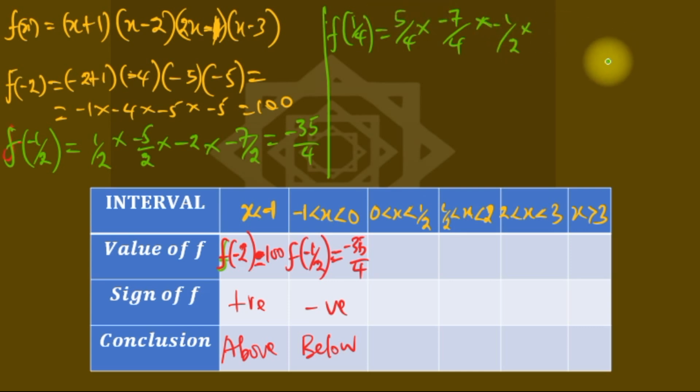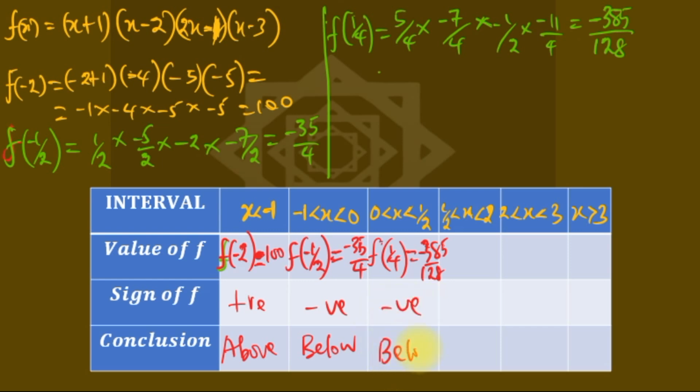Times 1 over 4 minus 3, that is minus 11 over 4. Let's put it in the table. So we tested f of 1 over 4 and it gave us minus 385 over 128. So this is negative and this means below. So let's test numbers between half and 2, which is 1. Let's test 1.